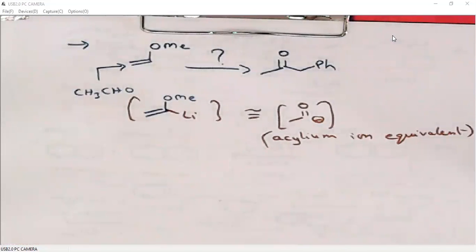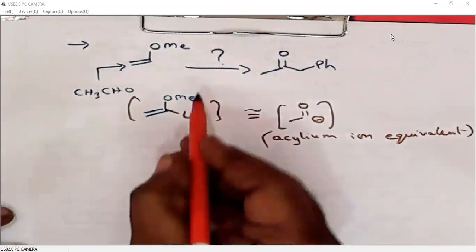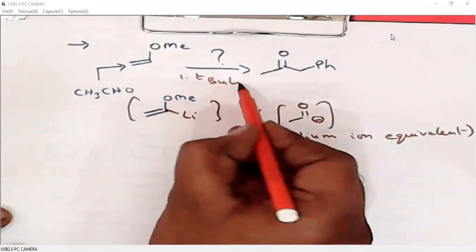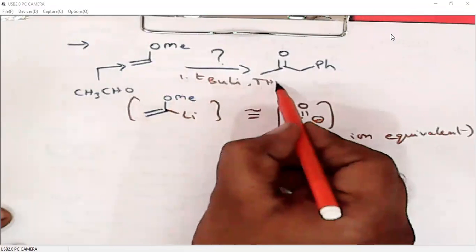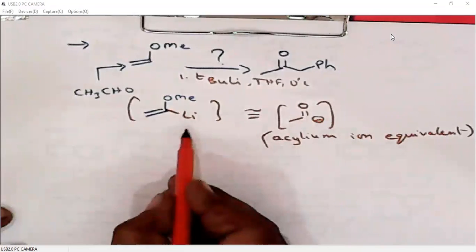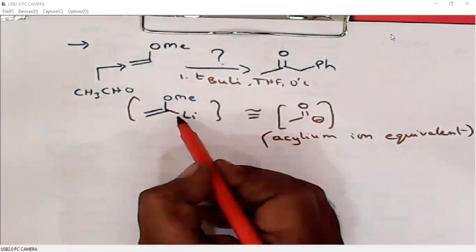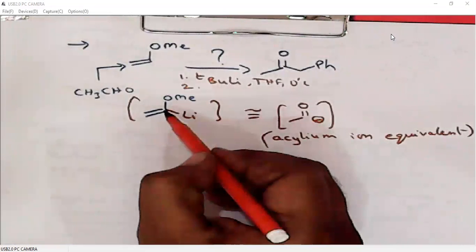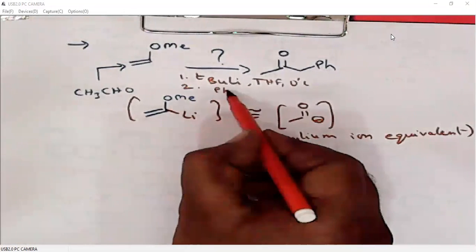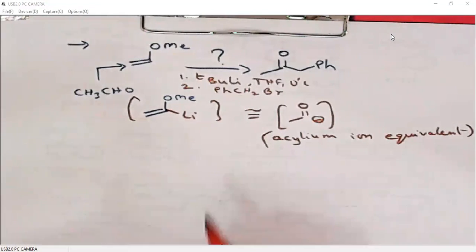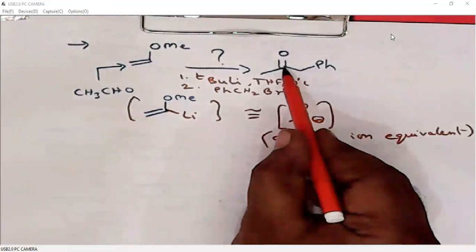When we treat this molecule with alkyl lithium, it generates lithiation at this place. This anion, or this nucleophile, can be trapped with an electrophile. For example, we are using benzyl bromide, so that will undergo benzylation at this place.